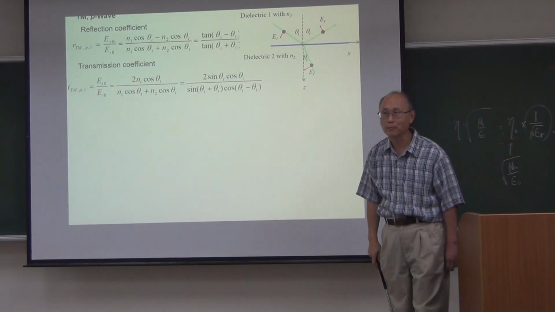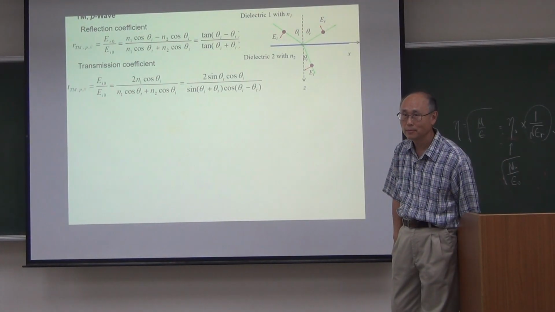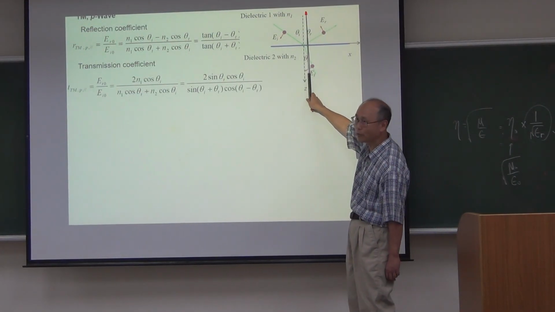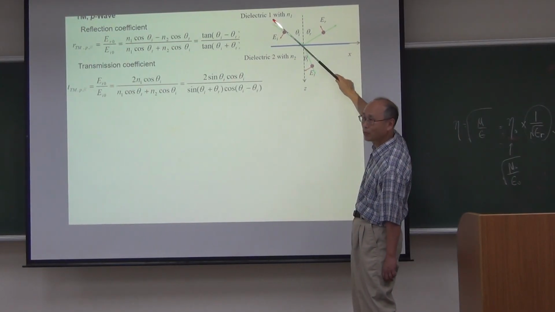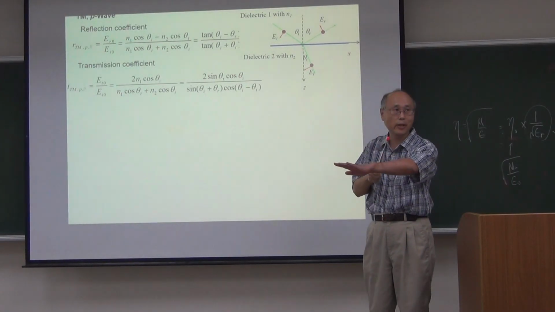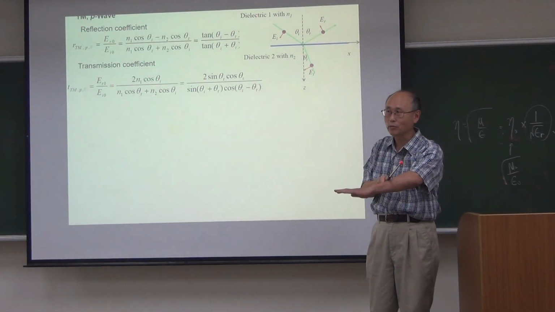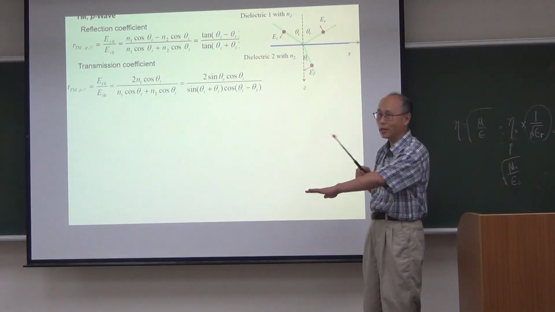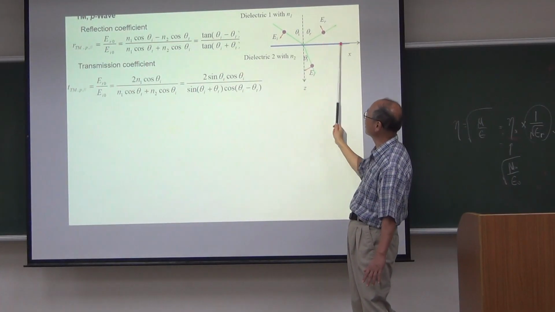How do you define the plane of incidence? The plane of incidence is defined by the surface normal vector and the wave propagation direction. To define a plane, you need two lines. One line is the propagation direction of the wave. The other line is the surface normal of this interface.